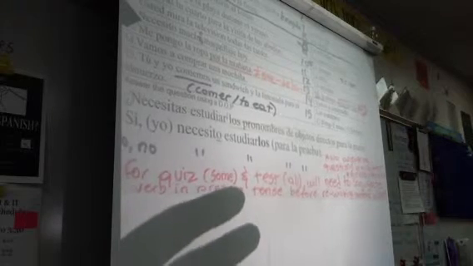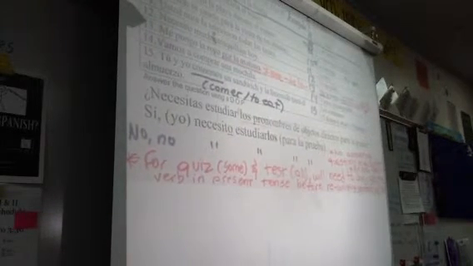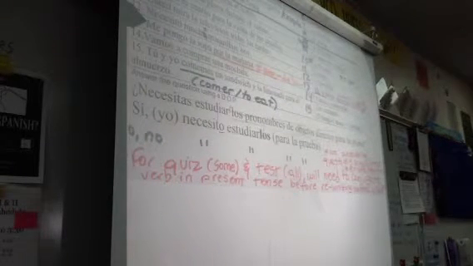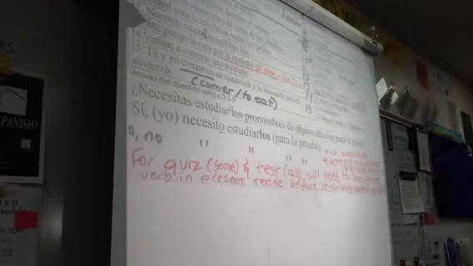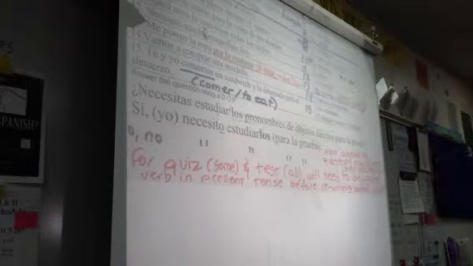So we're going to do some practice where we're going to start out kind of the baby way, where the direct object of the sentence is underlined for you, and you're just replacing the object. Then it's going to get a little bit harder, where you have to find the object and replace it.